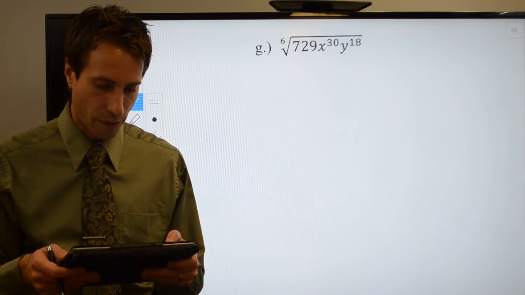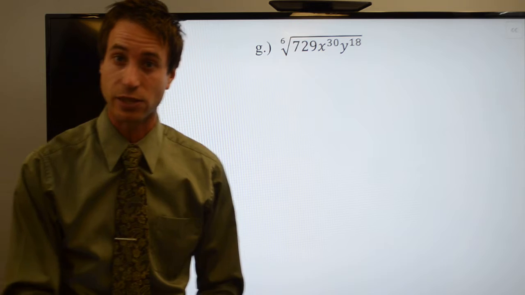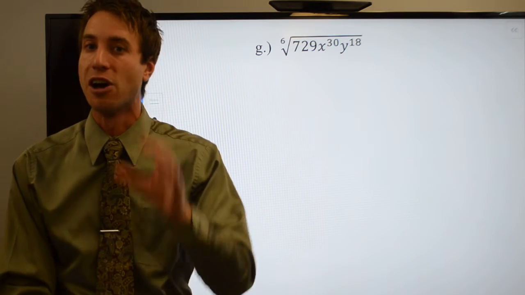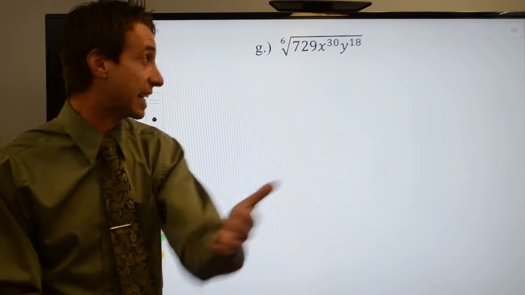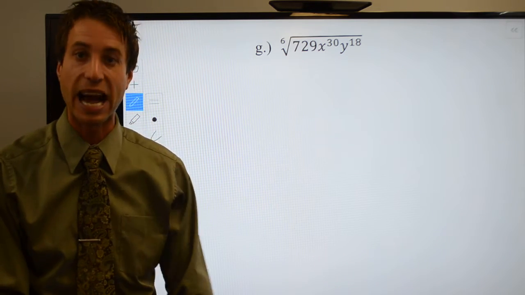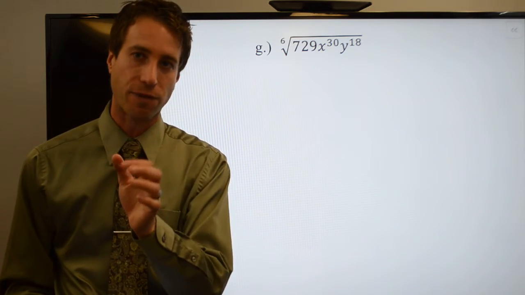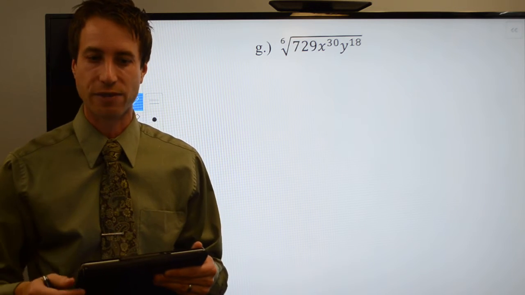I got a couple more for us here to take a look at. Awesome. In this one, I'm going to be taking a 6th root. Now, once again, there's a couple of ways you can do this on your calculator. You can either find a number that when you raise it to the 6th power gets you 729. Or, on your calculator, underneath the math function, there's a button that has math on it on the far left-hand side of your calculator.